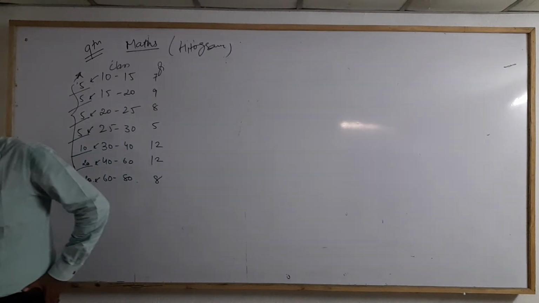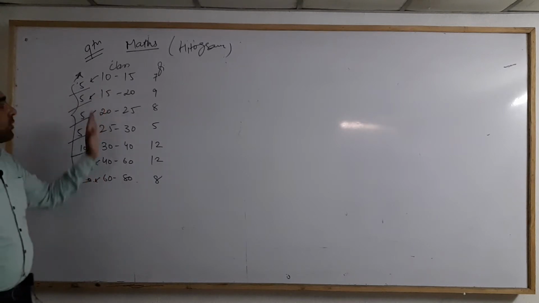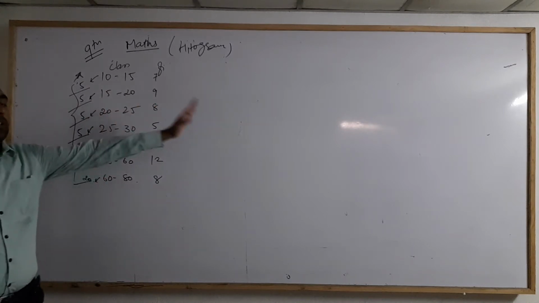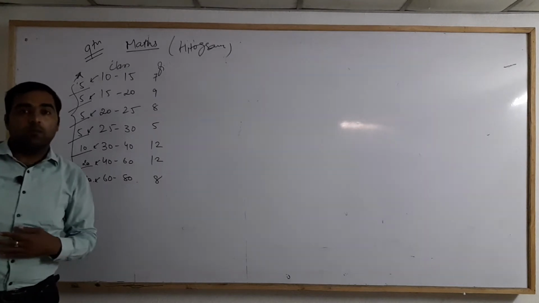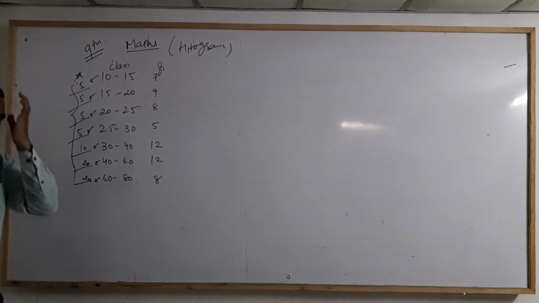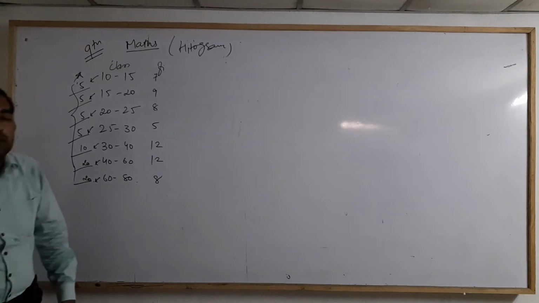Then how do we represent these classes in a histogram? First of all, we have to convert them into continuous classes.